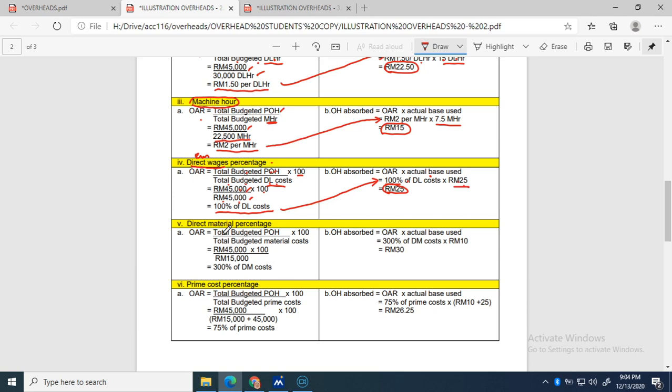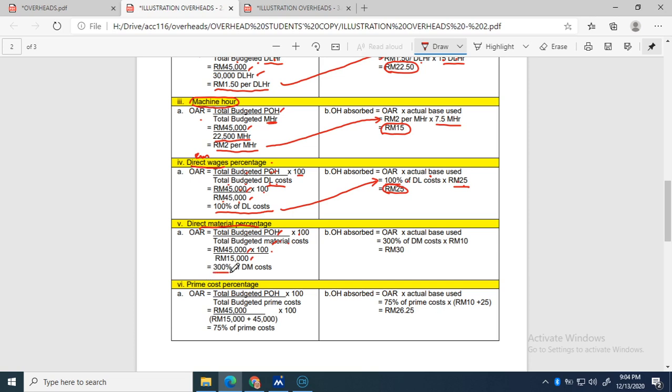Okay, method number 5 is direct material percentage. So the total is the same, divided by total budgeted material cost times 100, because RM divided by RM. So production overhead is 45,000 ringgit, direct material cost 15,000, times 100 to get the percentage.